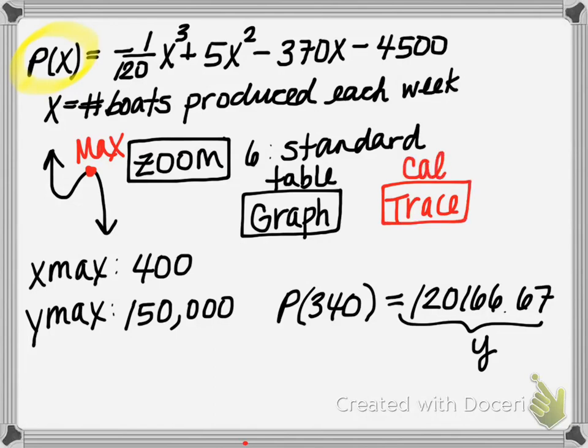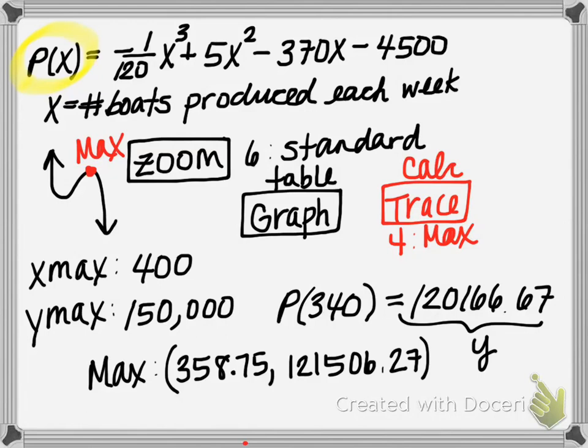And you're going to choose number 4, which is maximum. So go ahead and pause the video, compute your maximum, and then go ahead and write down on paper what the maximum coordinate is that your calculator produces.